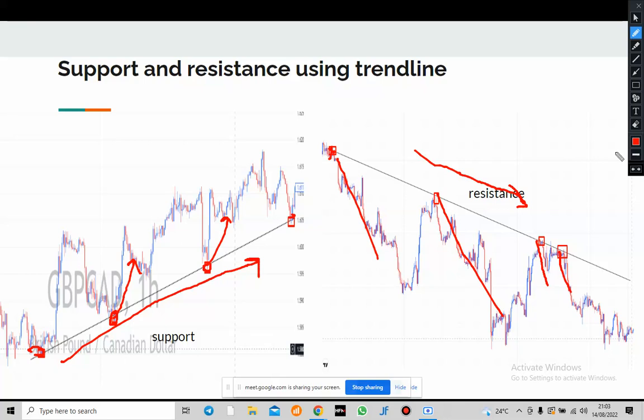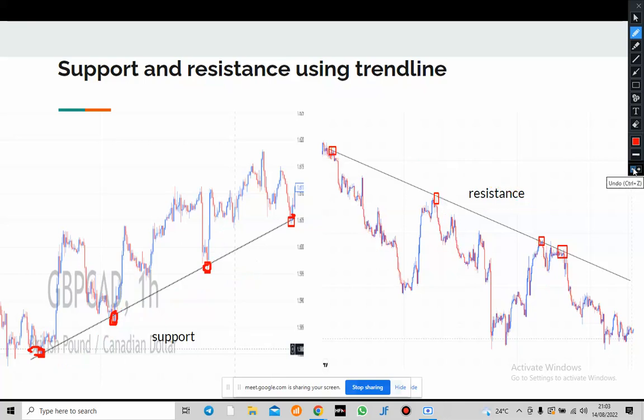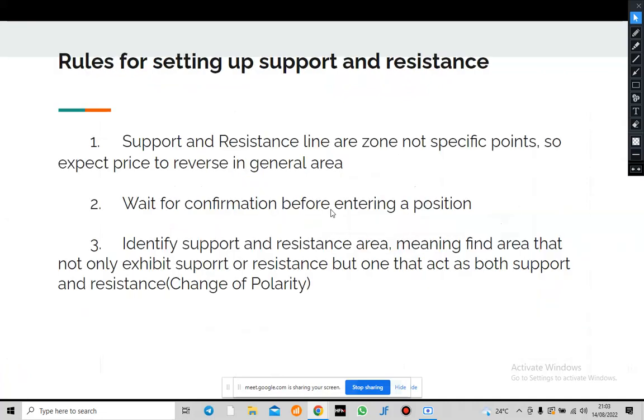Now, what are the rules you must follow in drawing support and resistance? Rule number one: support and resistance lines are zones, not specific points.